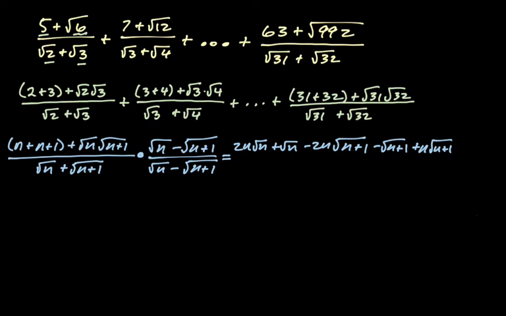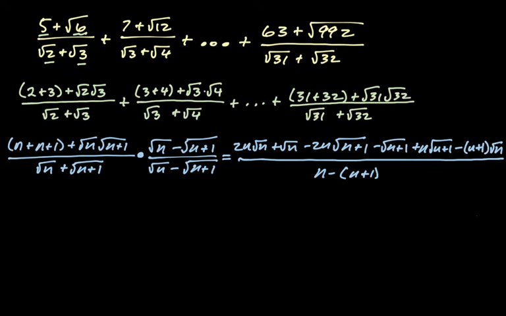So that'll give me n root n plus 1, and then minus quantity n plus 1 root n. So that's just distributing. It's annoying, but not really that bad. In the denominator, we just end up with n minus the quantity n plus 1. So it turns out the whole denominator for each and every one of these fractions is -1, which is great. That's what I was kind of hoping would happen.